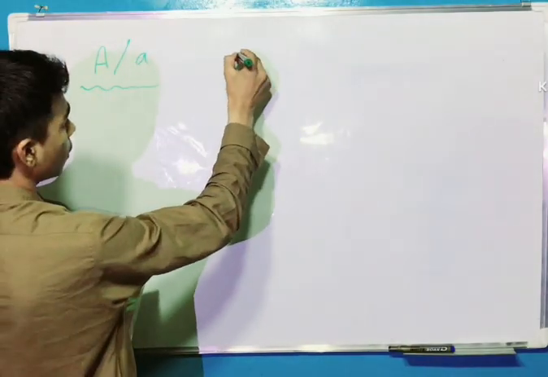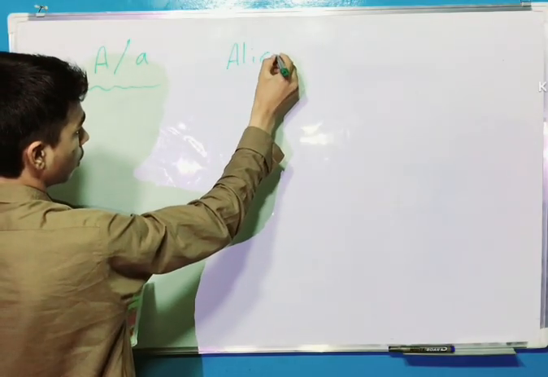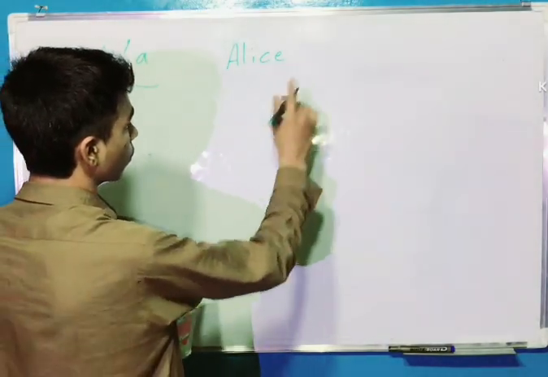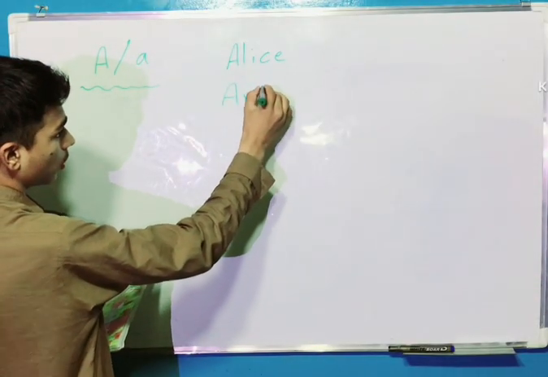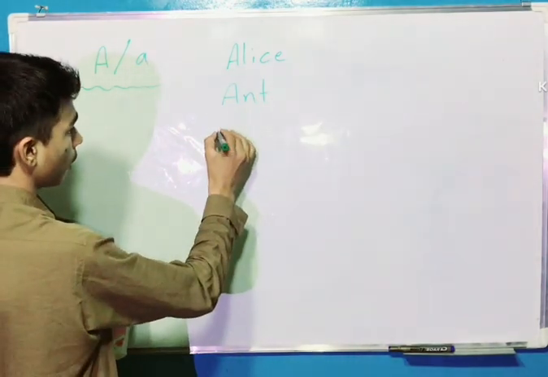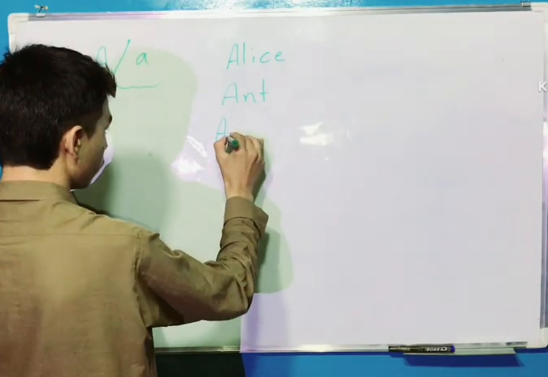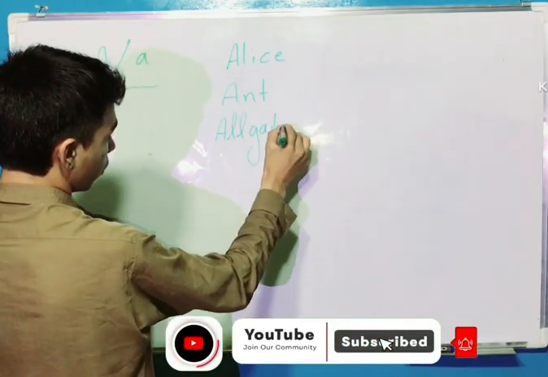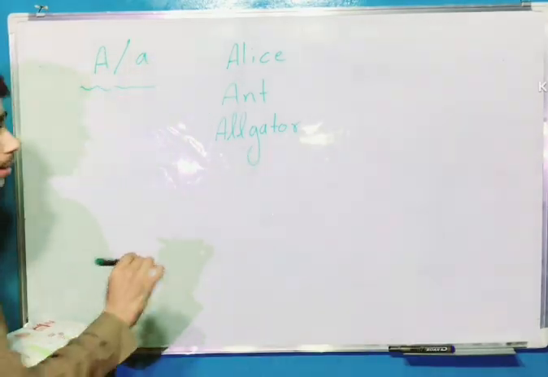So the first word is Alice. Second word is ant. The third word is alligator. And the last word is apple.